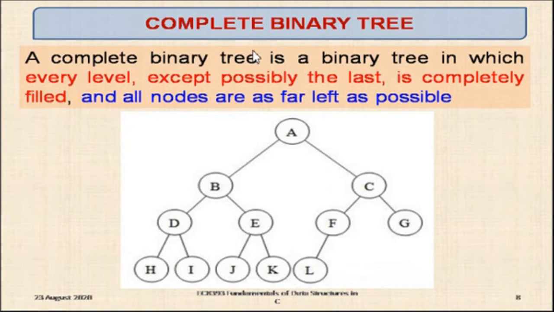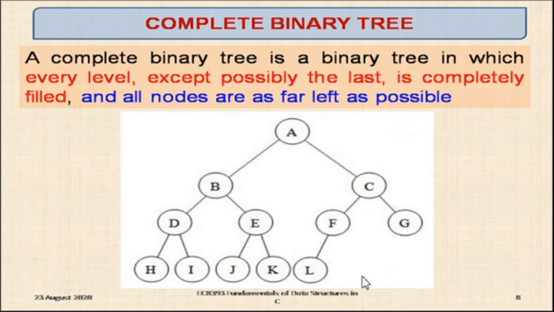Then complete binary tree. The definition of this is that a complete binary tree is a binary tree in which every level, level 0, level 1, level 2, etc., every level except possibly the last, is completely filled. And all the nodes are as far left as possible. You see here the bottommost level of a tree need not be fully filled.